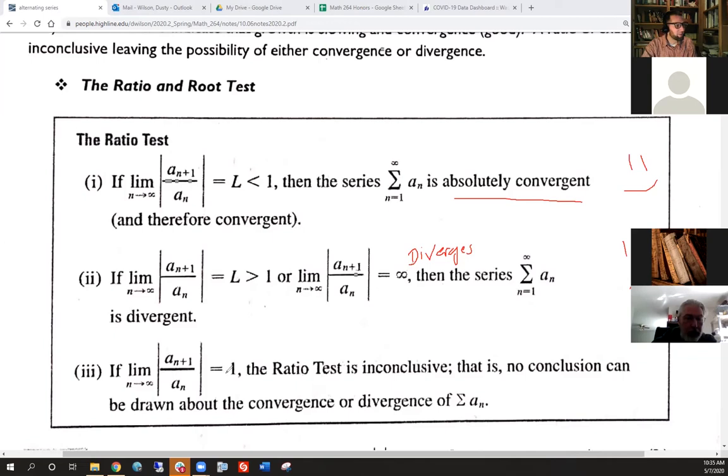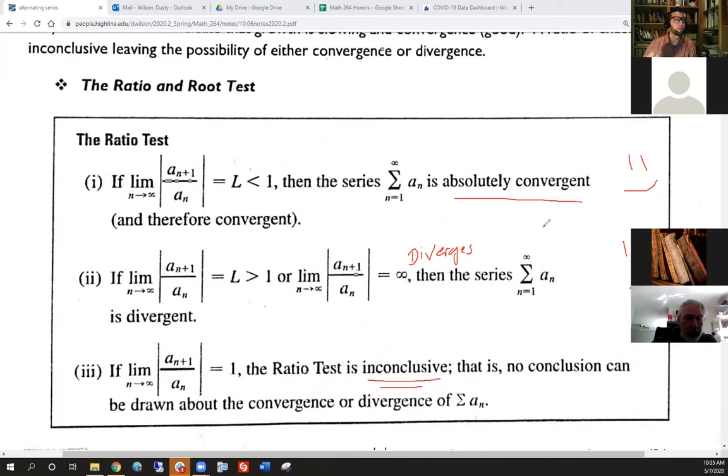And then if the limit is equal to 1, then the ratio test is inconclusive. Maybe it converges, maybe it diverges. We just don't know. To be clear, I'm not saying that the COVID stuff is using the ratio test from Calc 4.